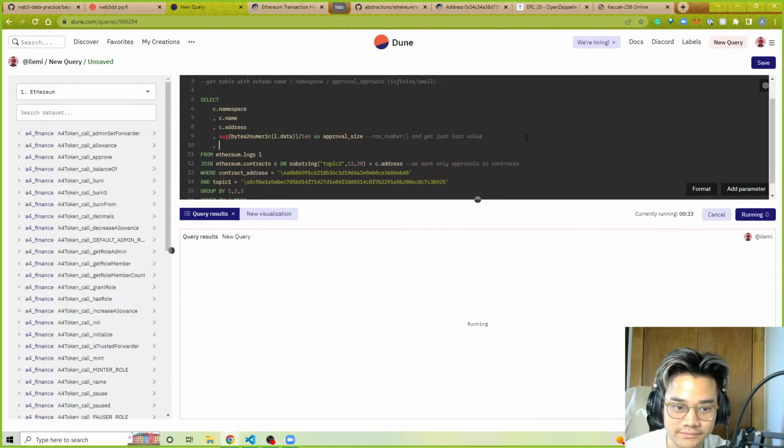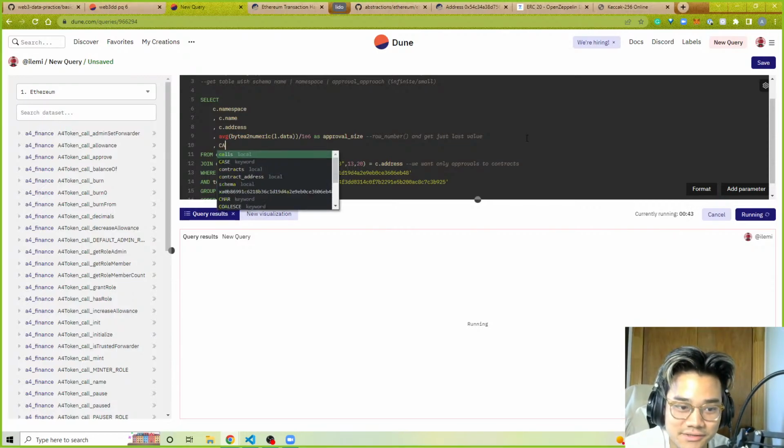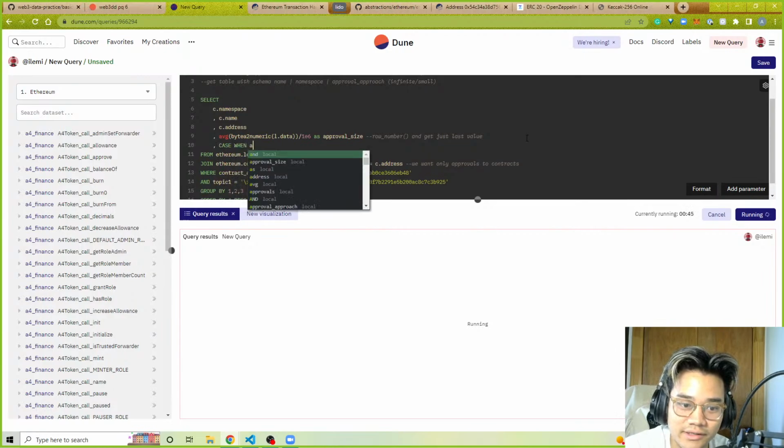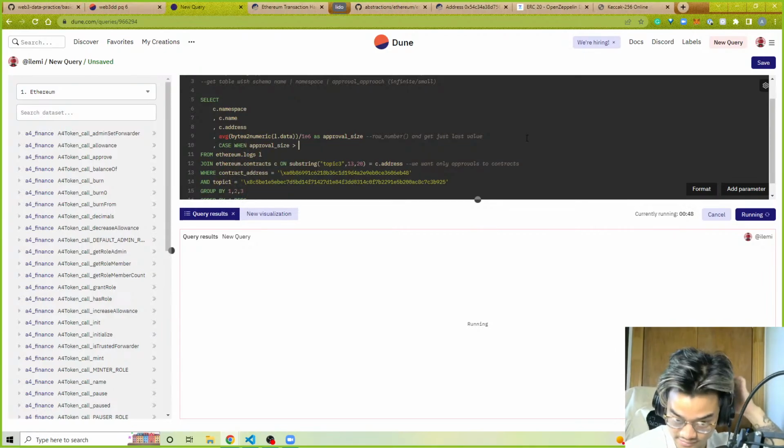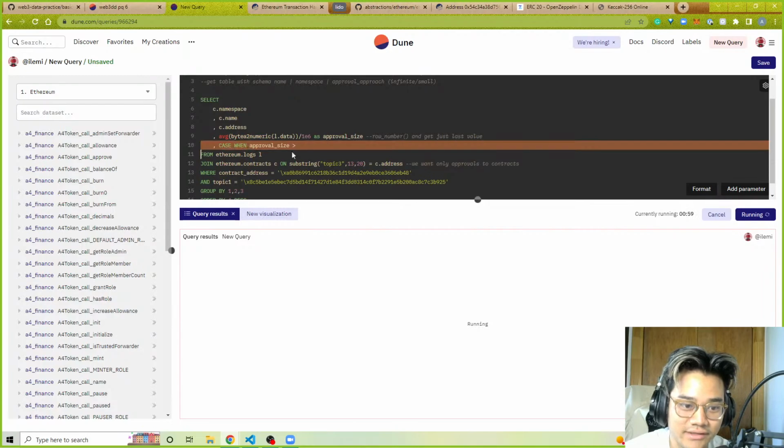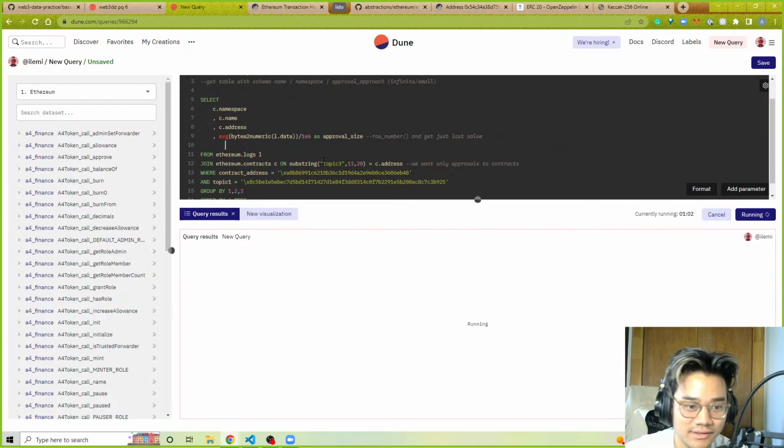But let's do like. So there's some difficulty here of figuring out if they're doing infinite or not, because I can't just do case when approval size is bigger than some amount, because some people just transfer ungodly amounts of value on chain. So something that would be good to check, and this is the extra logic you want to do, is basically seeing after approval.